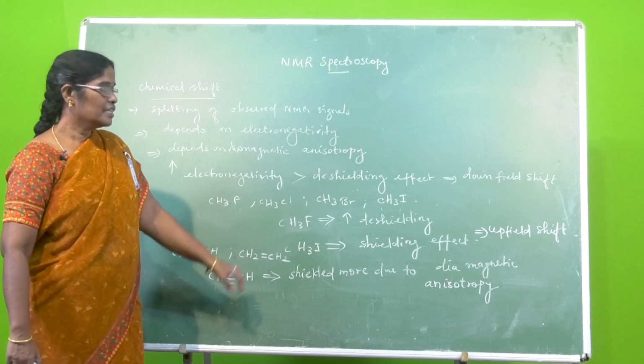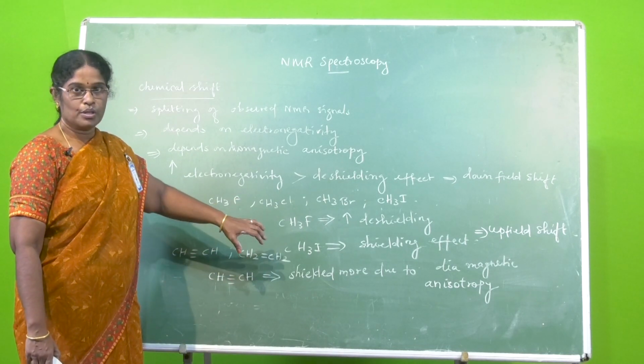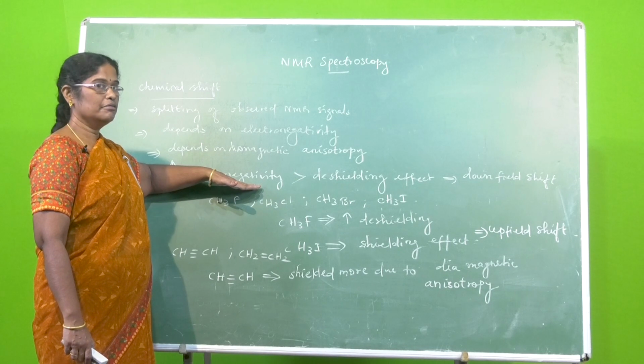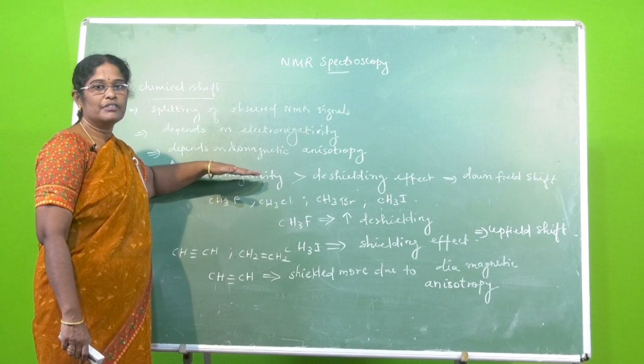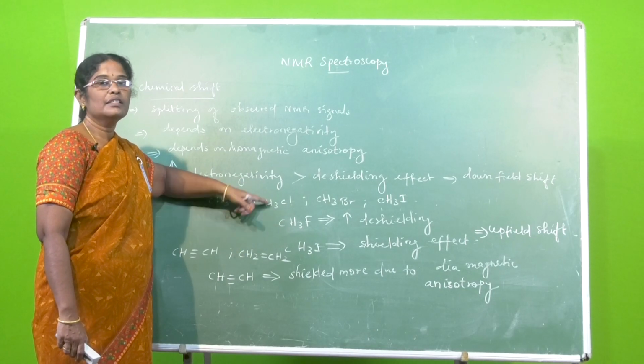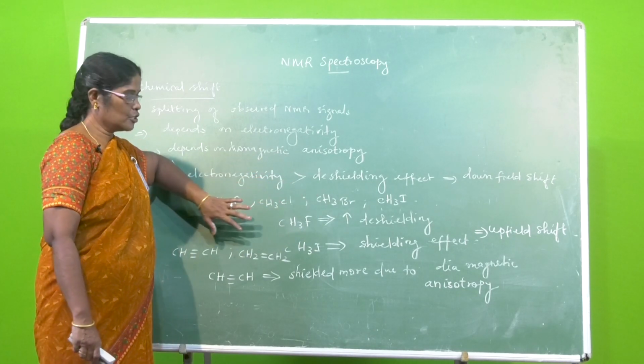There is a reason for the controversial observations, because as per the electronegativity values, or if we take into account their play in the observed NMR spectrum, then it has to be the other one.